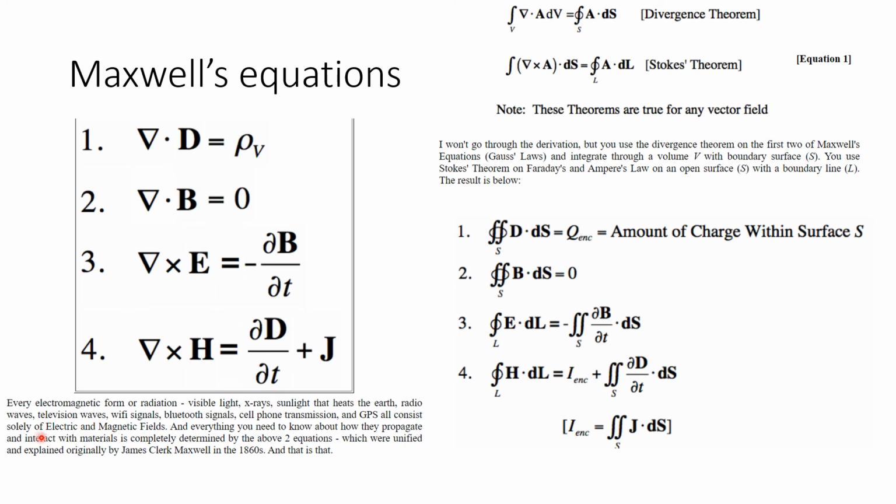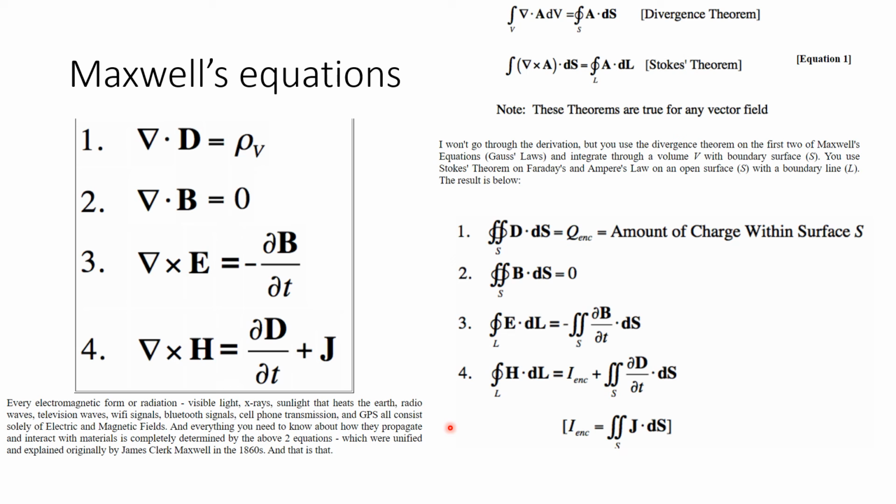Now, Maxwell's work was very important because every electromagnetic form or radiation, visible light, X-rays, sunlight that heats the earth, radio waves, television waves, and Wi-Fi signals, Bluetooth signals, cell phone transmissions, and GPS all consist solely of electric and magnetic fields.